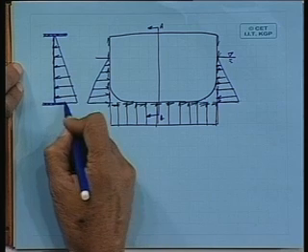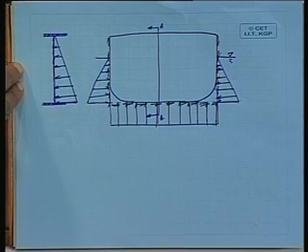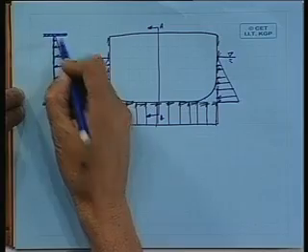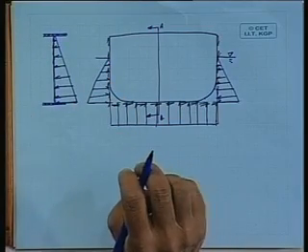There is complete flooding. When we say flooding condition, we are saying that it is still floating, whether it is up to the deck or up to some predefined line. So, this is loaded like this.